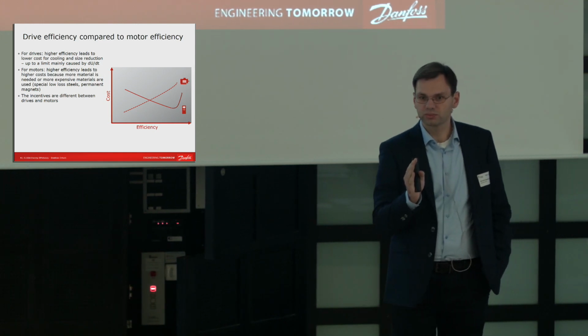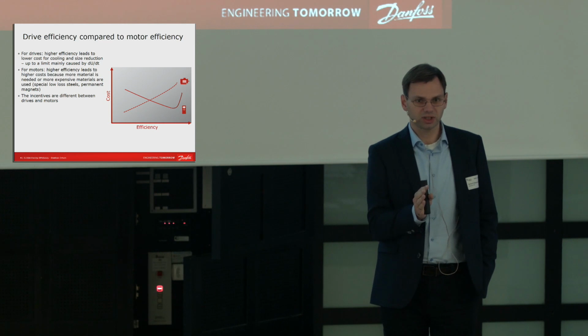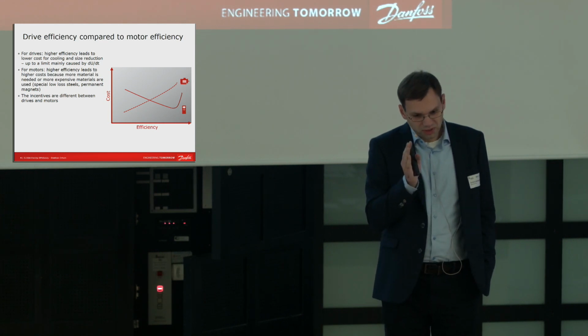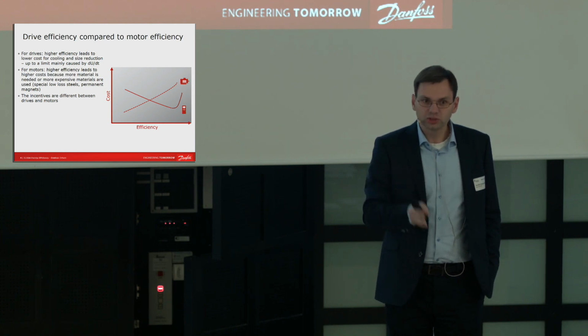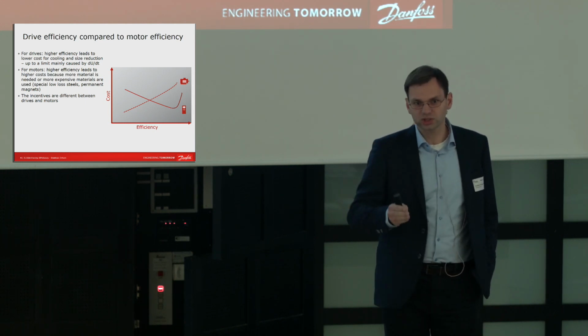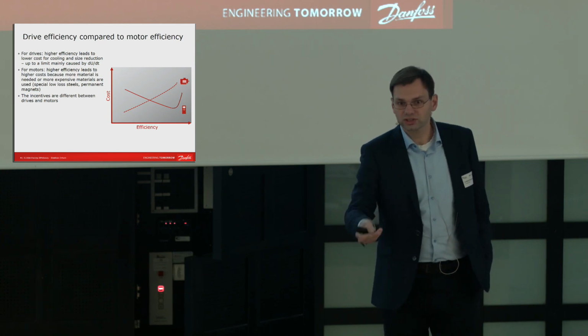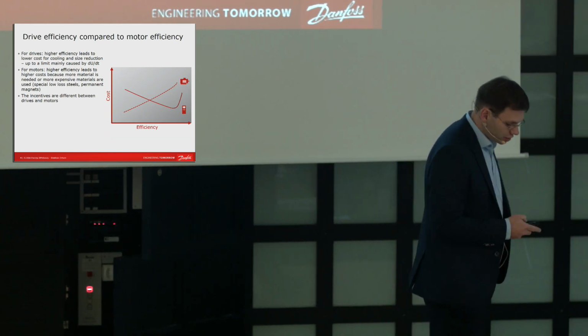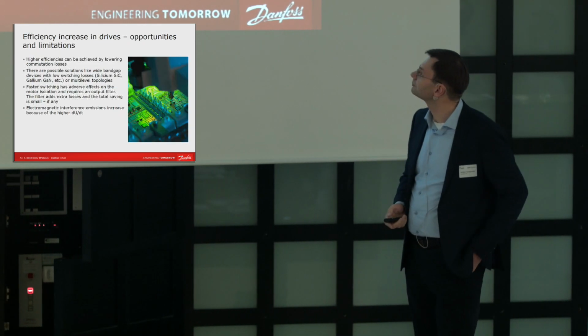But then you hit a limit. And what is the limit? I think we are today at that limit. Maybe the hardest limit is the limitation of the du/dt, of how fast you can switch at the output of the drive, because that du/dt affects the insulation of the motor. So you can destroy the motor if you switch much faster.